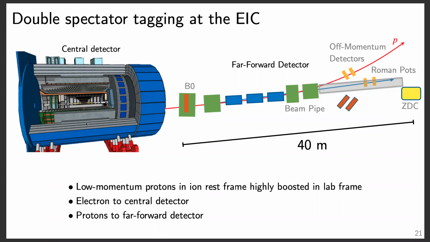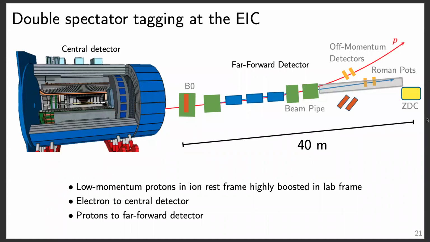But because your protons are so boosted, they go way down the beam line. And so you actually detect these in the far forward detector. And just to give you a sense of scale, as Abe showed on Tuesday, this is something on the order of 40 meters long. So this is quite an impressive engineering part of the beam line.